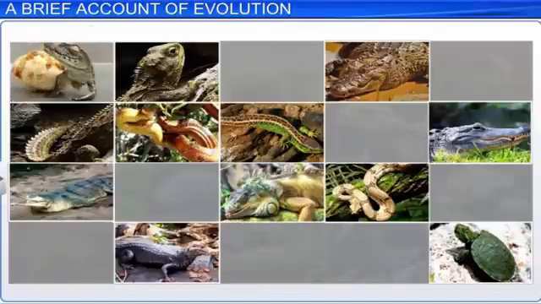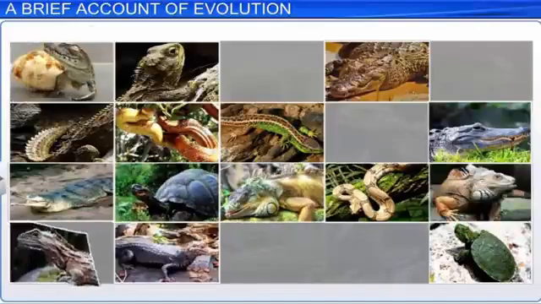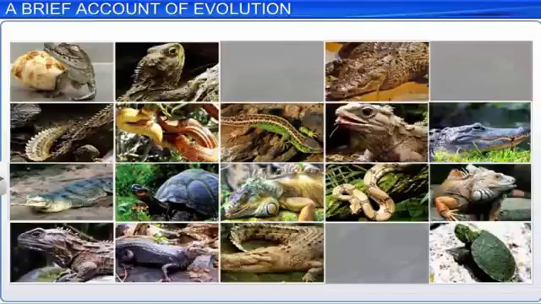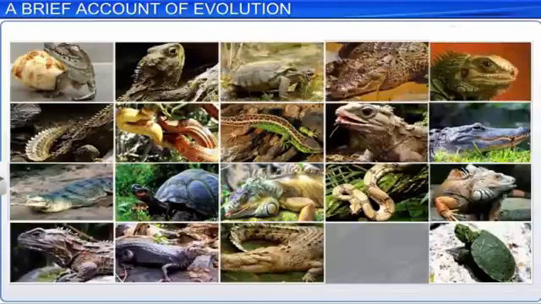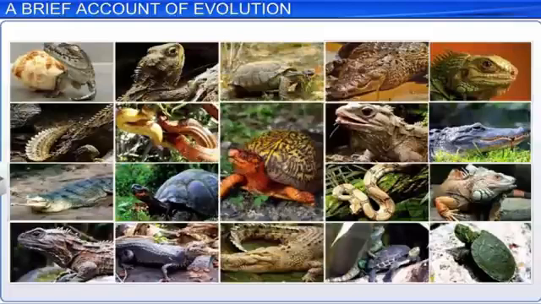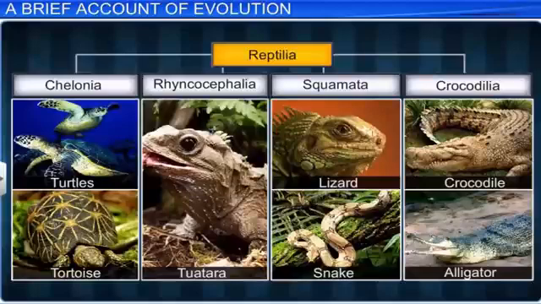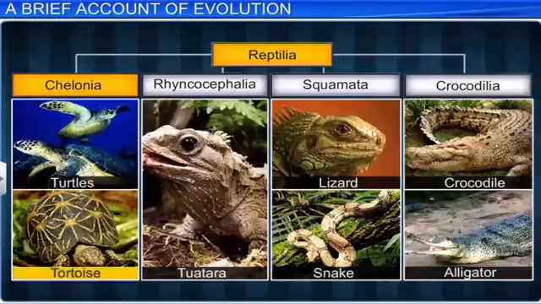Over millions of years, reptiles evolved into different orders. Each of these orders developed different characteristics which helped them survive in various environments. Today, there are 4 orders of class Reptilia. The first order is Chelonia, which includes turtles and tortoise.